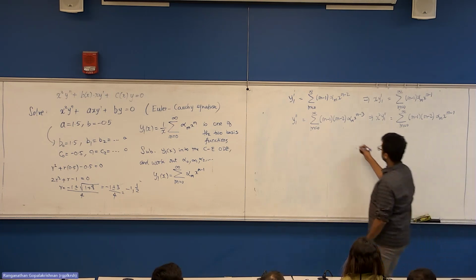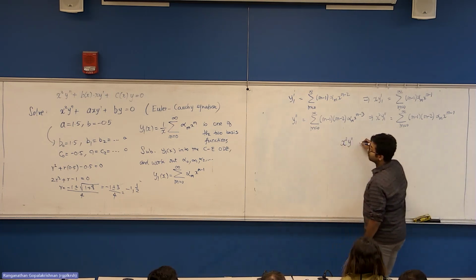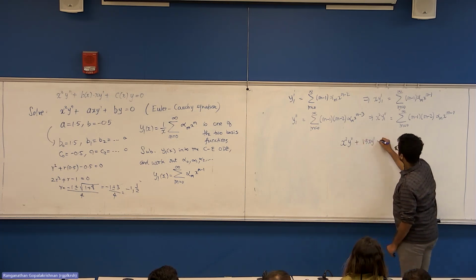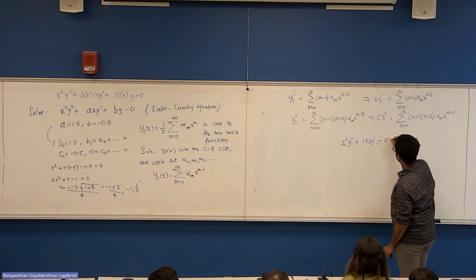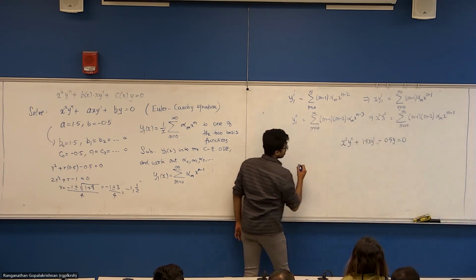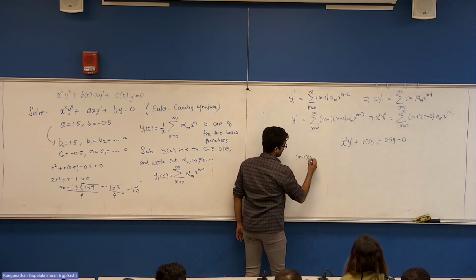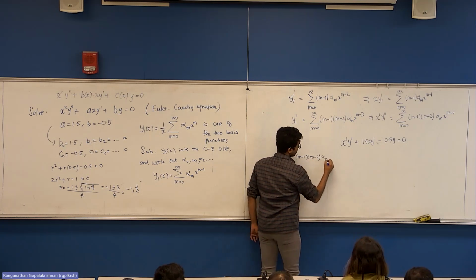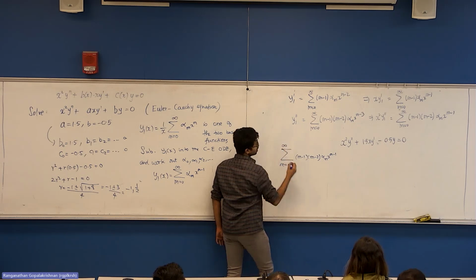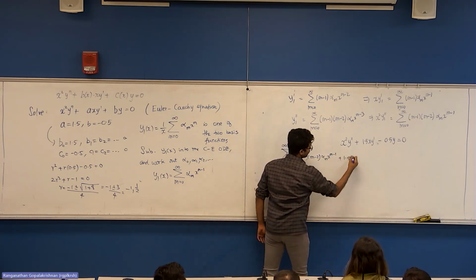So if you get it back together, x squared y double prime plus 1.5 x y prime minus 0.5 y equal to 0. The summation from 0 to infinity of m minus 1 times m minus 2 alpha m x power m minus 1, but the second term plus 1.5 times.